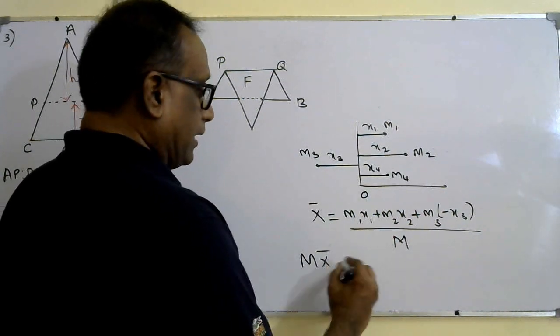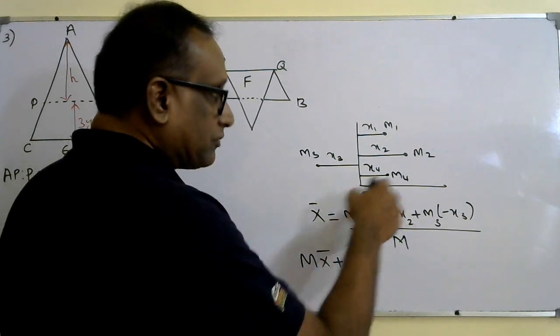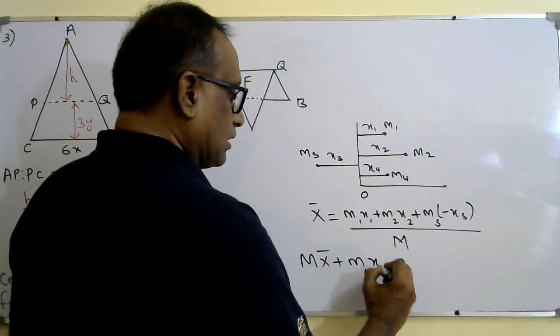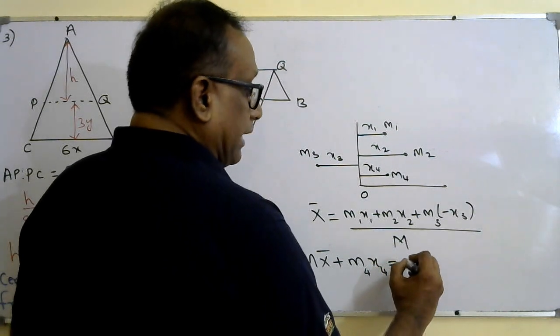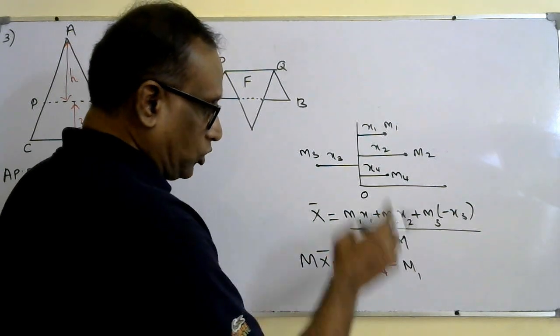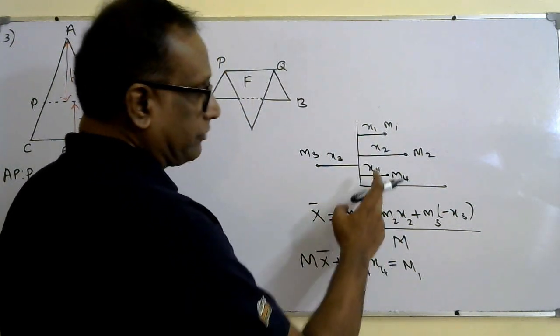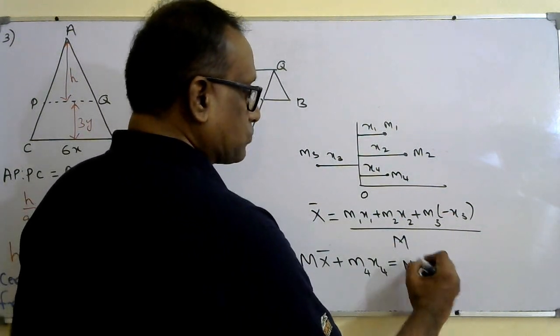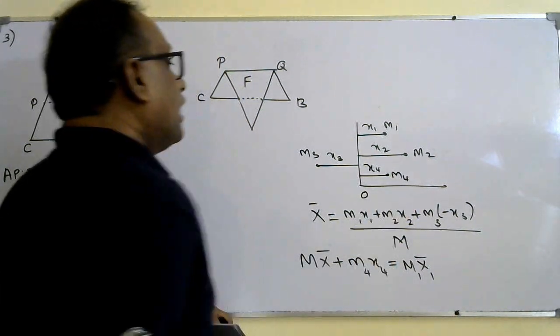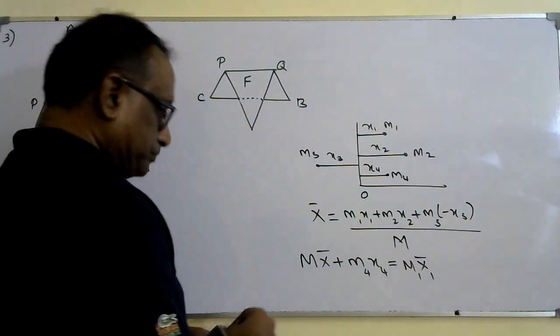So M x bar plus M4 x4, for the added fourth particle, is equal to M1 plus M2 plus M3 plus M4 into x1 bar, where x1 bar is the new center of mass after we add the particle M4.